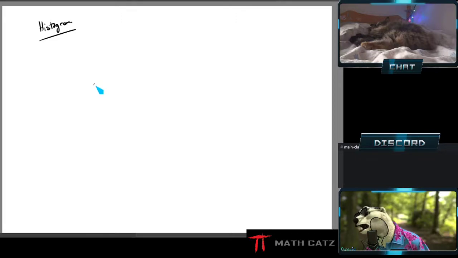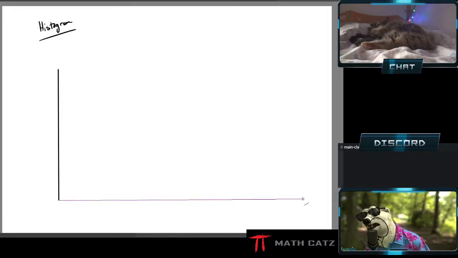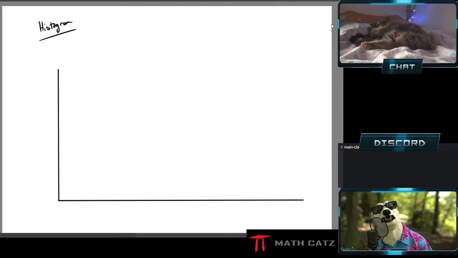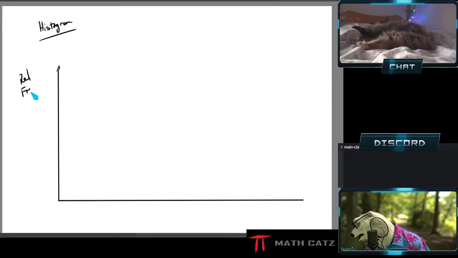All right, so I'm going to use straight line tool. Otherwise, these lines are going to get really wobbly really fast. So I want to make my vertical axis and my horizontal axis, and it's nice to label them. Vertical axis here, I'm going to go with relative frequency as a percentage.